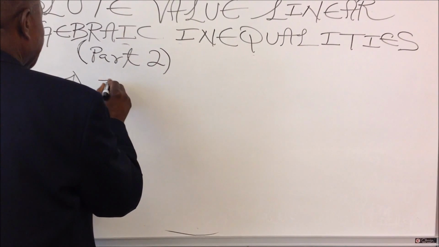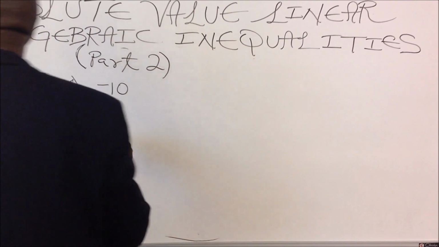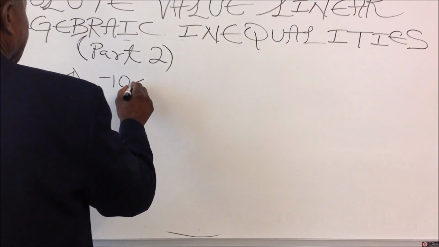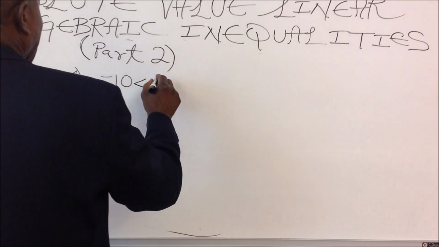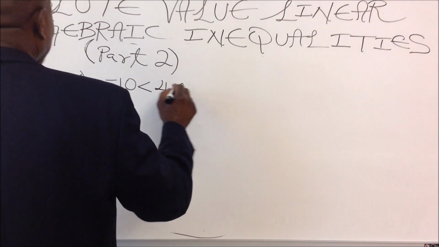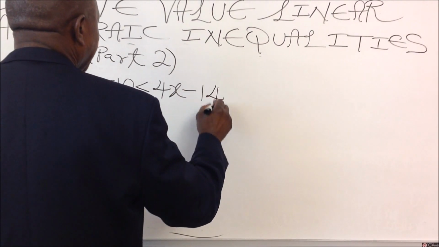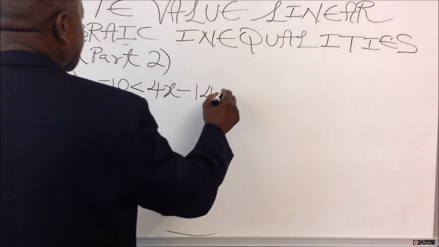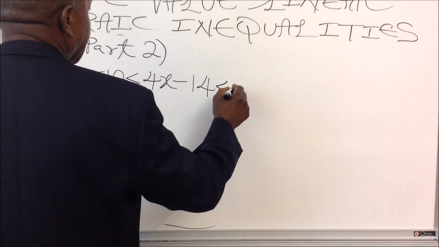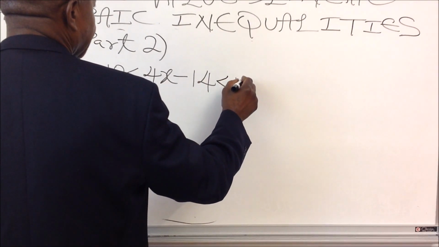So we have negative 10 less than 4x minus 14, and this of course will be less than the number 10.